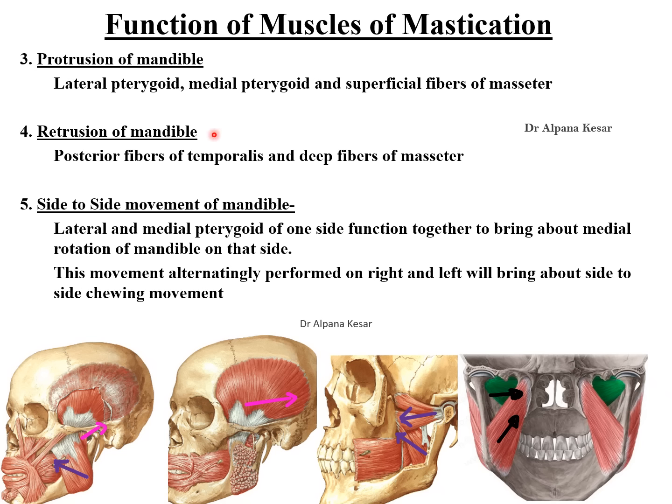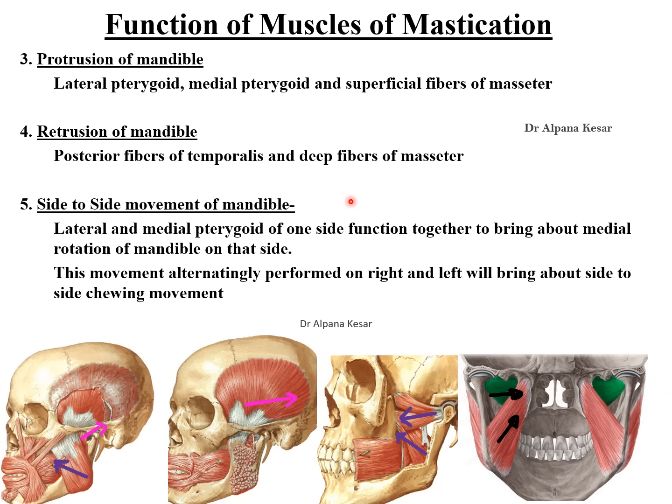Retrusion of mandible is taking mandible backwards or posteriorly from the protruded position. And this movement is brought about by the posterior fibers of temporalis and the deep fibers of masseter.